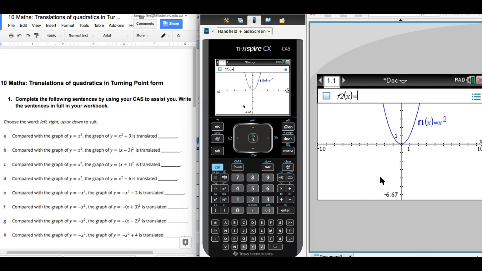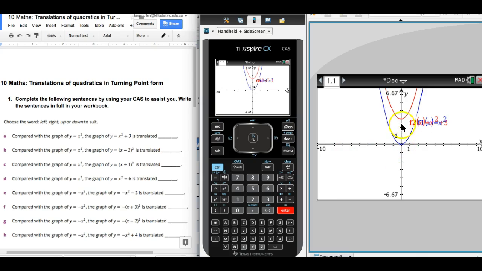So let's put another one in. For question A, compared to the graph y equals x squared, what does y equals x squared plus 3 do? So we have x squared plus 3. When you think about it, has it moved left, right, up, or down?